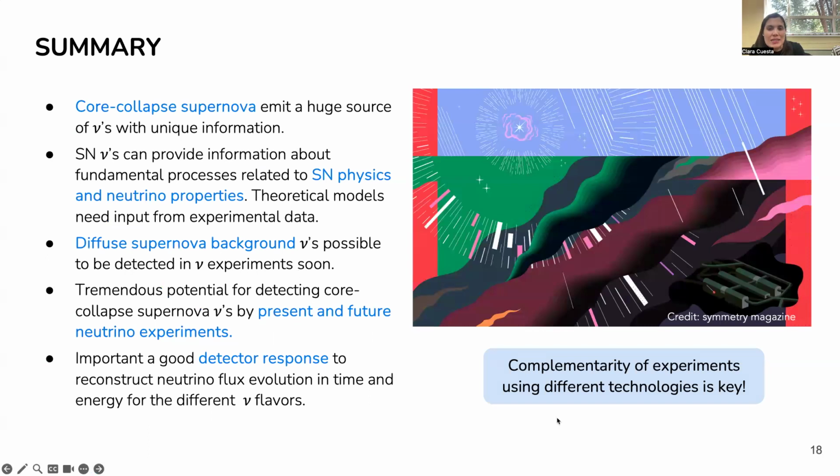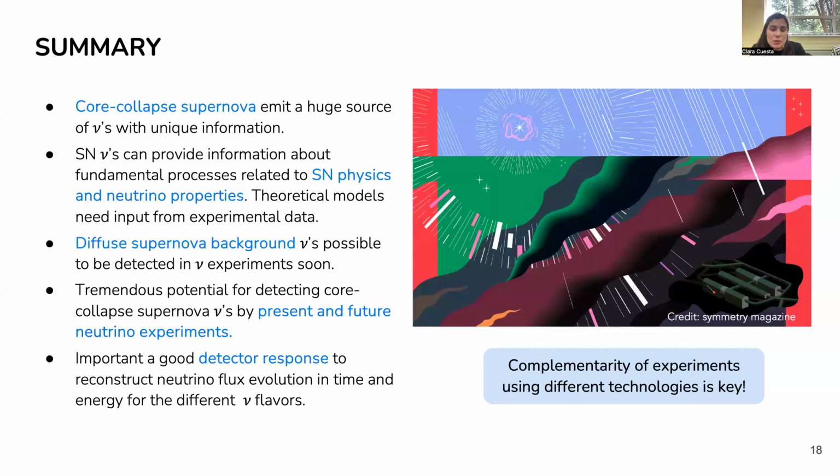So to summarize, core collapse supernovae emit a huge source of neutrinos with unique information. Supernova neutrinos can provide information about fundamental processes related to the supernova physics and to the neutrino properties. There are theoretical models, but they need input from the experimental data. The diffuse supernova background neutrinos may be detected in the next generation of neutrino experiments.